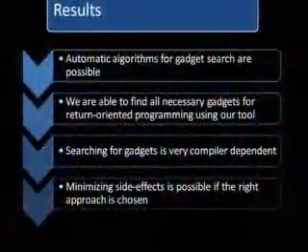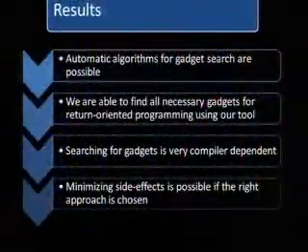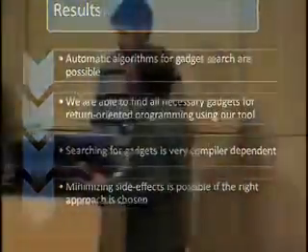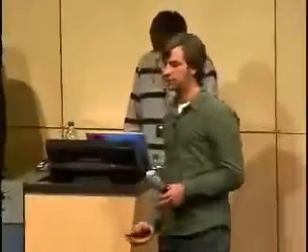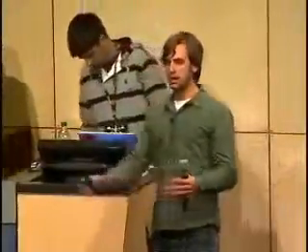So, what did I show you? First of all, that automatic algorithms for extracting gadgets from any kind of binary that you put in is totally possible. So given you have enough functions and given that they don't all do the same things, then automatic gadget search is always possible, and you will find all the gadgets that you need for any usable exploit.